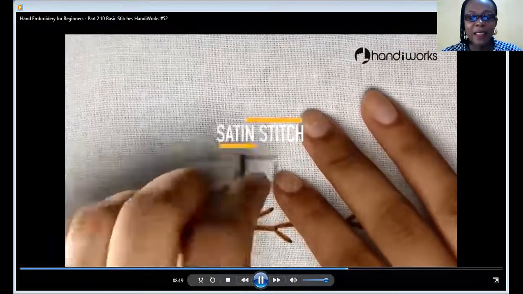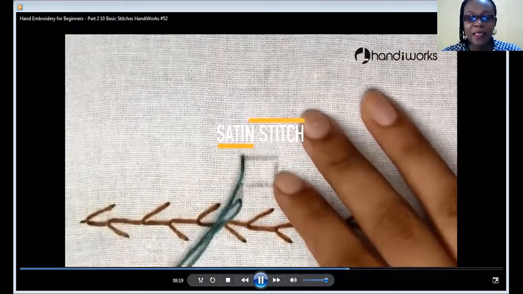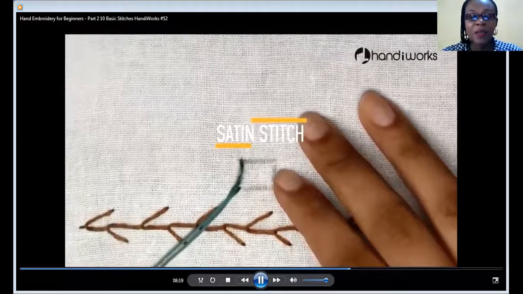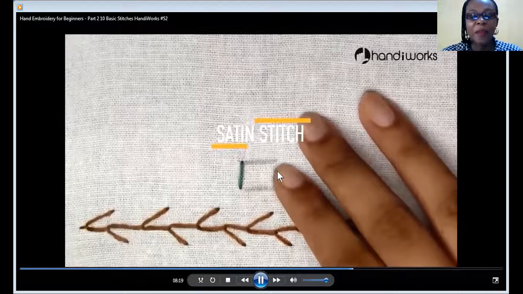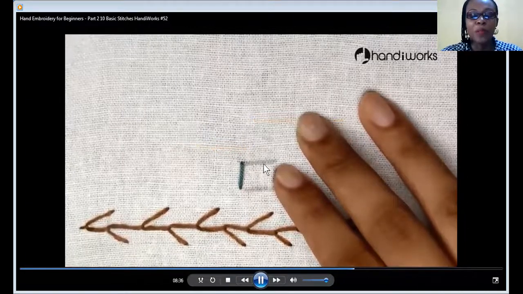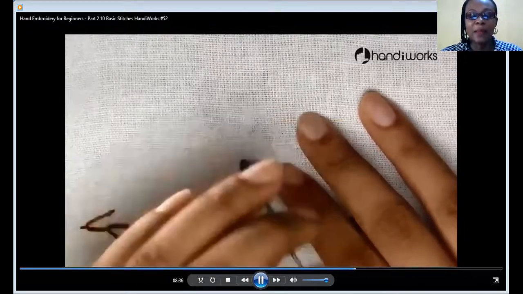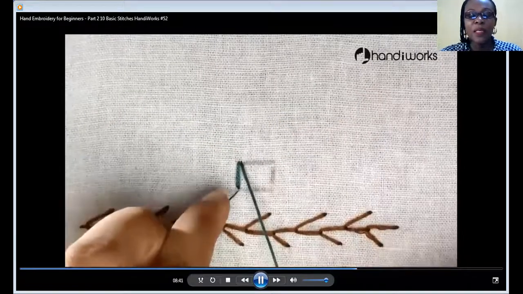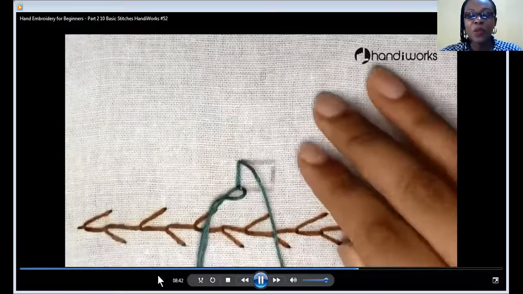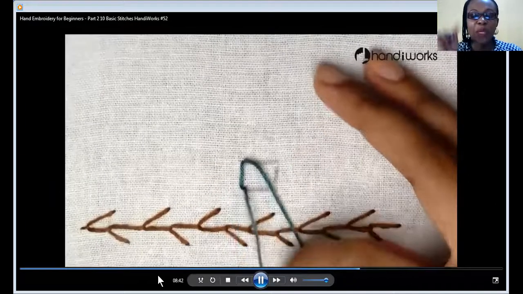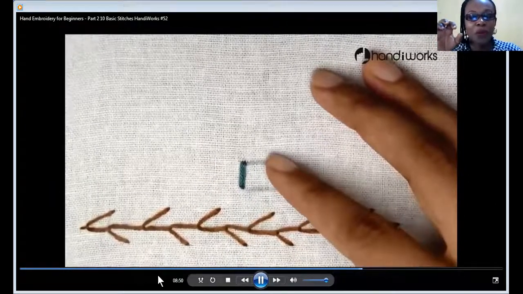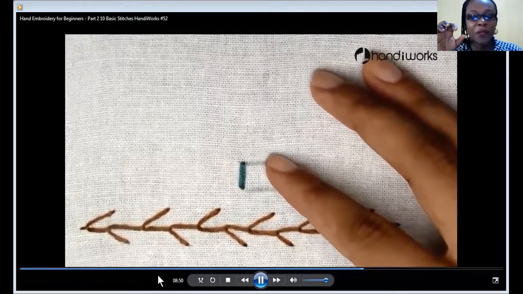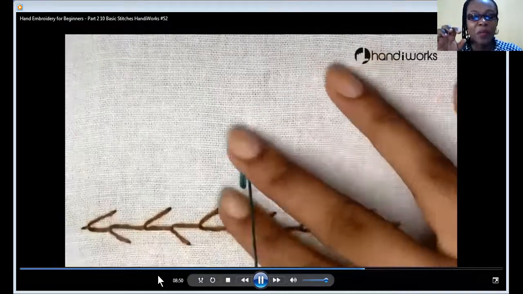Stem stitch. In this stem stitch, you can notice that it draws a kind of box with pencil. So the stitch will be sewing in between the box drawn with the pencil. You can see.